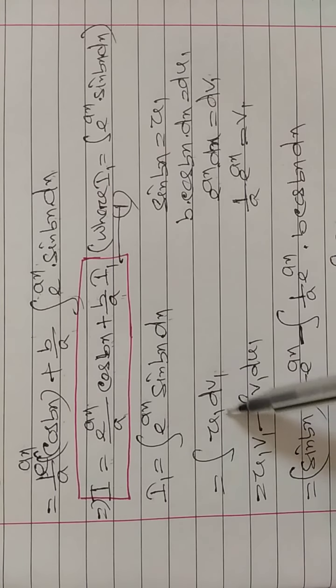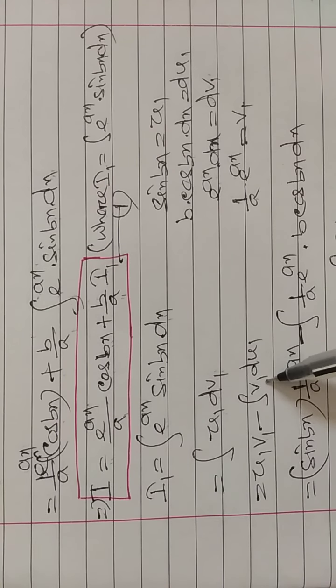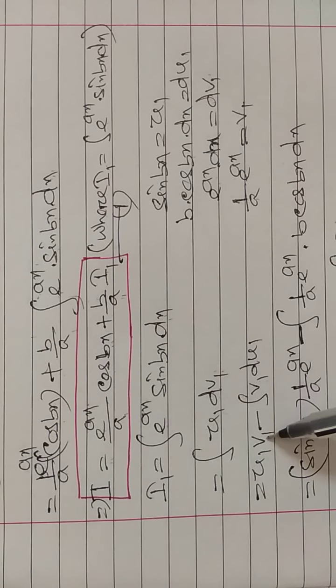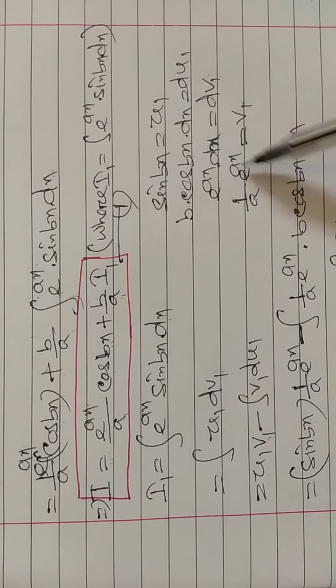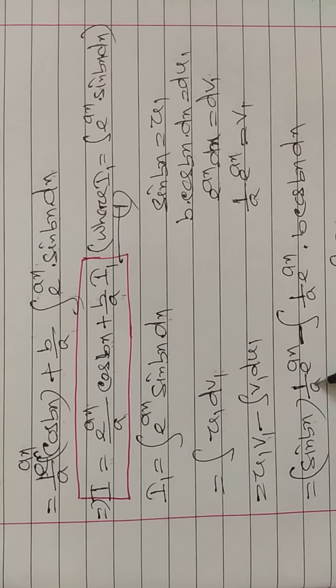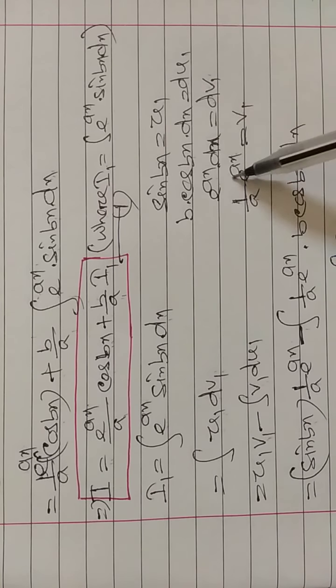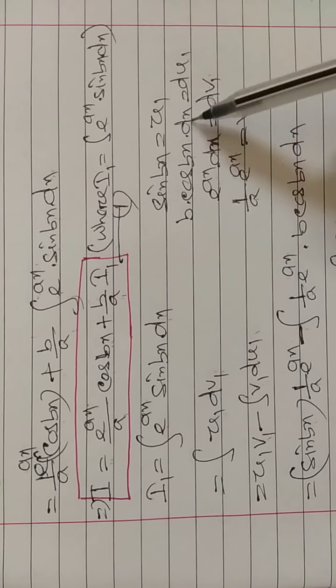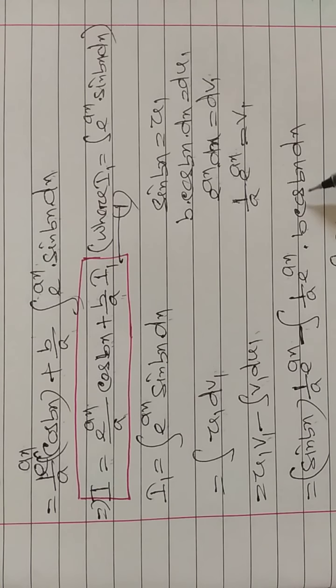So the integral of u1 dv1 is equal to u1 v1 minus the integral of v1 du1. Here u1 is equal to sin bx and v1 is equal to 1 by a e to the power x, minus the integral of v1 du1, where du1 is equal to b cos bx dx.